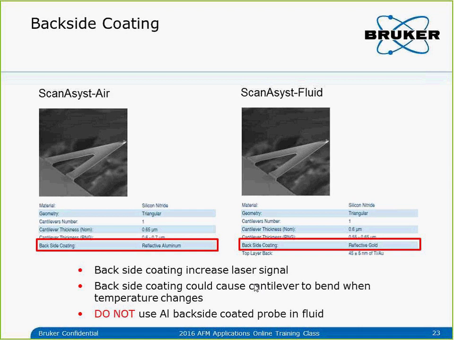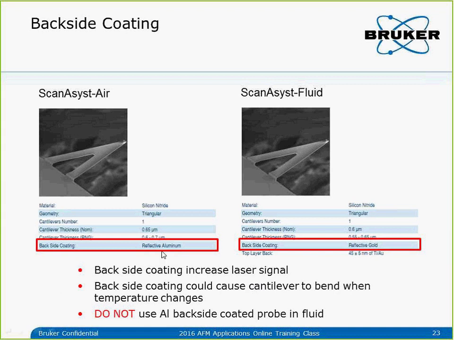This could be a problem if you want to use a heating and cooling stage, because your sample temperature is changing, which changes the cantilever temperature too, causing additional bending in the cantilever. This causes problems in imaging and tracking the surface. In those cases, you can consider using a probe without a coating. For some probes, there is a version without a coating that helps to reduce this bimetal bending effect.